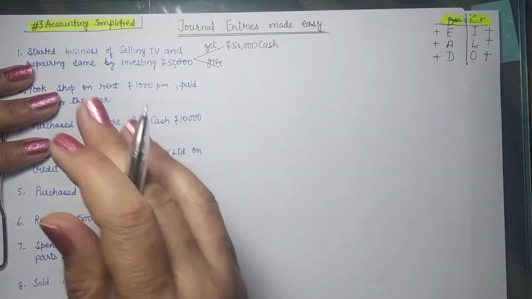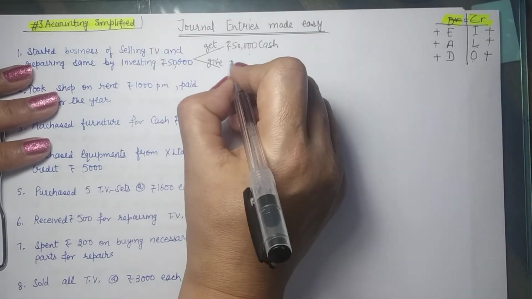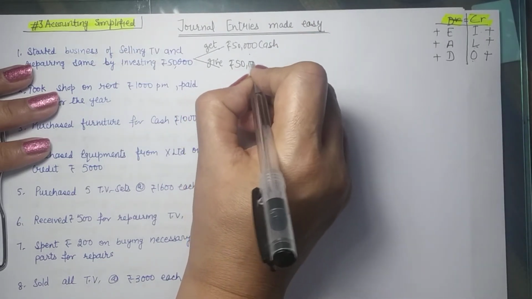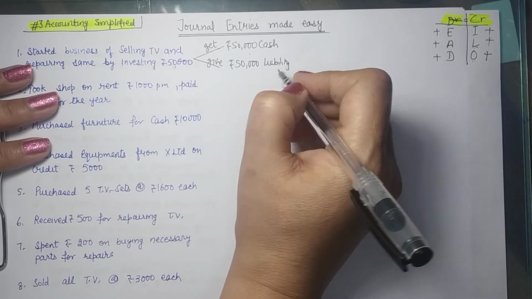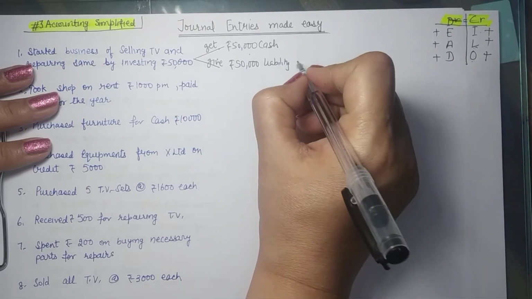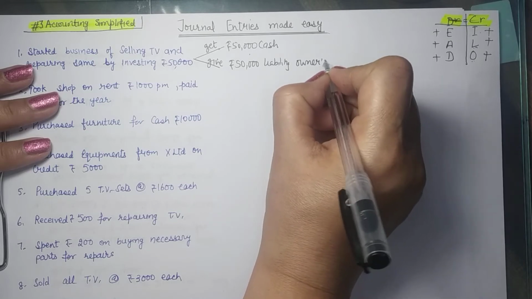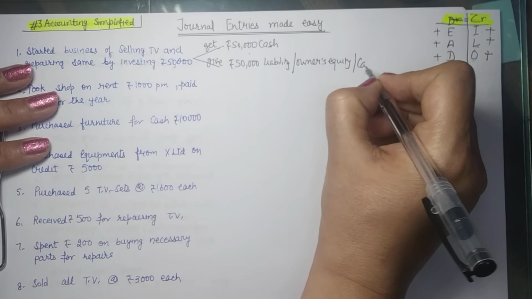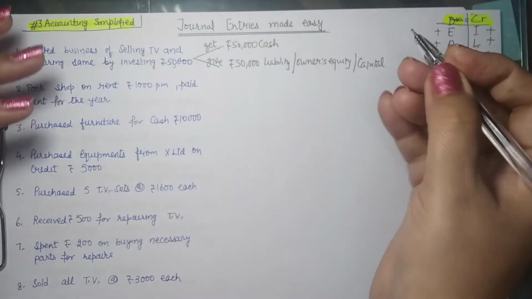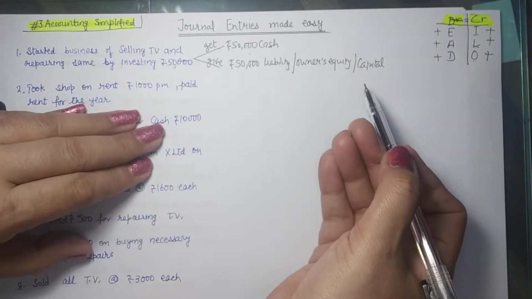So when we are to give something in future, it is called a liability. So you have got 50,000 rupees of liability which is to be paid later on. But this liability is payable to owner, so it is called owner's equity, or in simple terms, it is called capital. So you have also got capital.